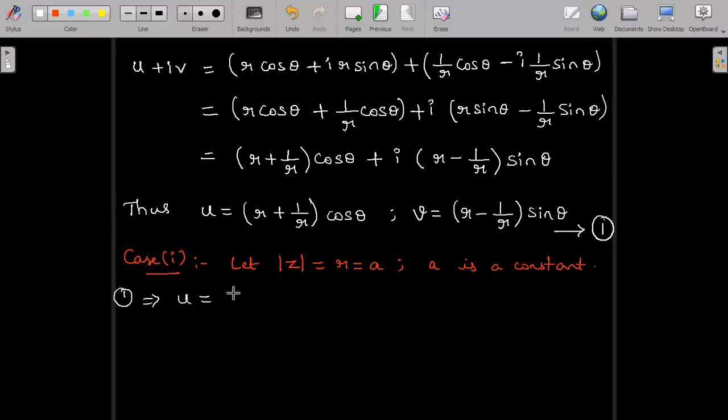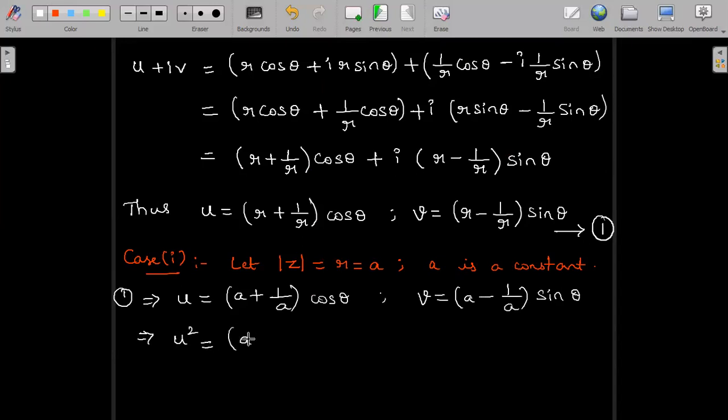u is equal to a plus 1 by a into cos theta, and simultaneously v is equal to a minus 1 by a into sin theta. Now let us square on both sides. Squaring on both sides, u square is equal to (a plus 1 by a) the whole square into cos square theta, and v square will be equal to (a minus 1 by a) the whole square into sin square theta.